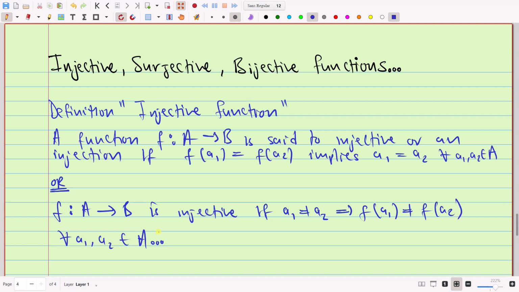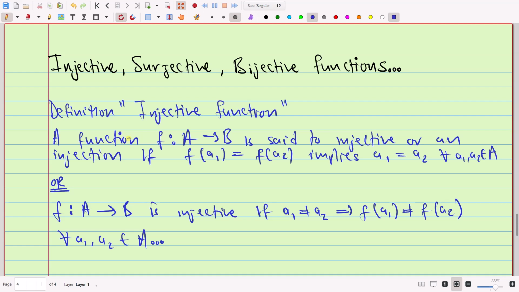So we say a function is injective when either one of these definitions holds true. Those are things that you should know about the different classifications of functions in this area, and you must also be able to apply these definitions most of the time when it comes to problem solving.